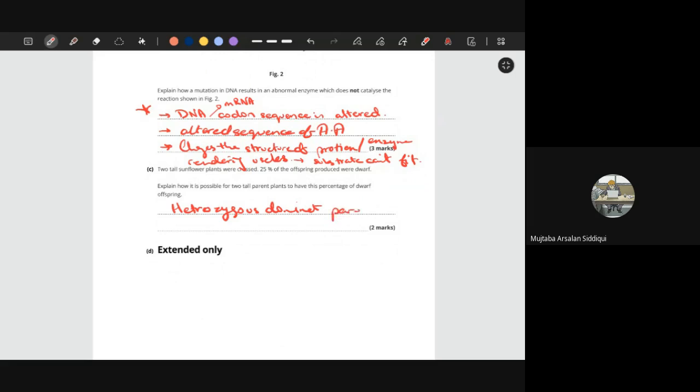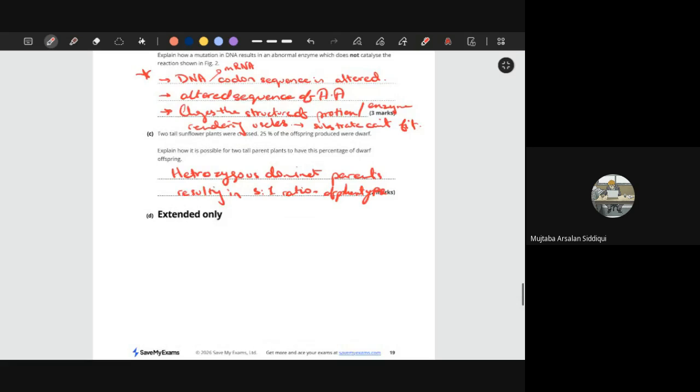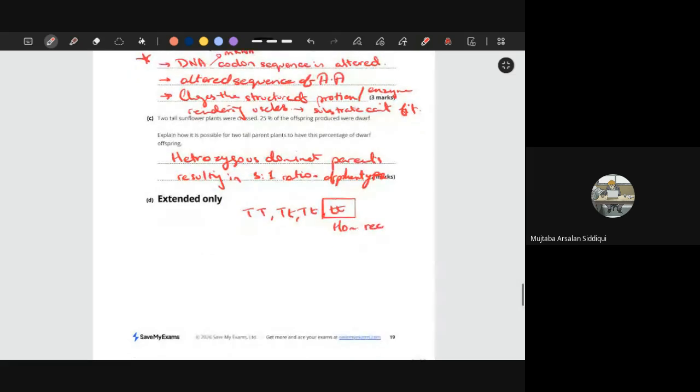Heterozygous dominant parents, resulting in a 3:1 ratio of phenotype, right? And then you can tell: TT, Tt, Tt, and tt. This is going to be your recessive, which is short.